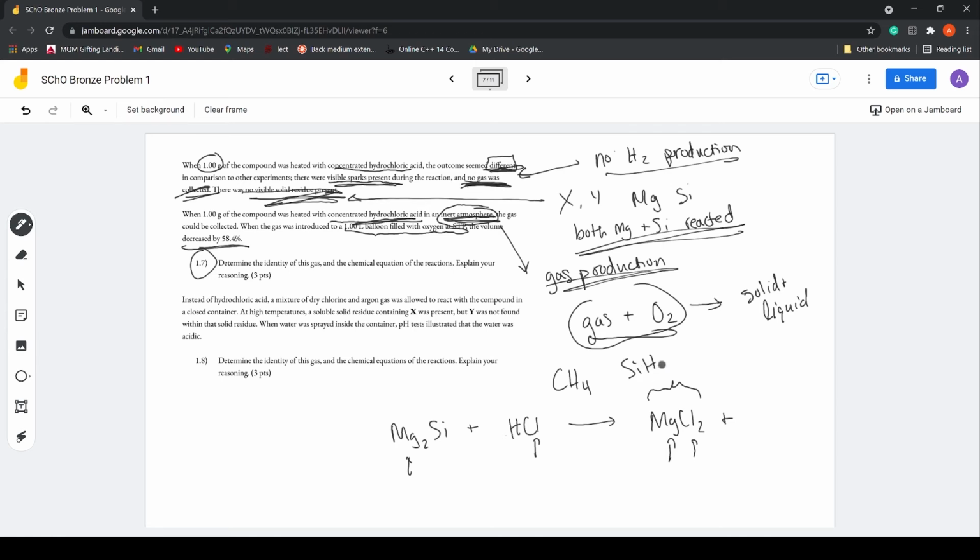Silane is SiH4. Silane is just the silicon analog of methane. So what we can reasonably guess is that silane is formed, and that it's a gas. Why? Because methane is a gas. And silane would be very reactive. Why?